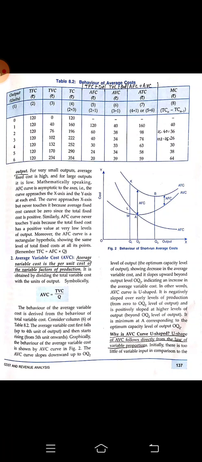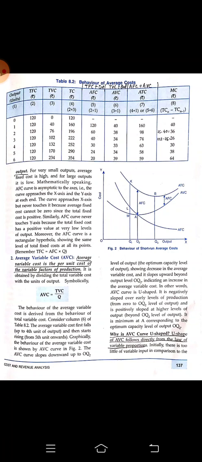Now we will understand it better with the help of this table 8.2. You can see the behavior of average cost. The first column is about the output. Gradually the output is increasing from 0 to 6. The next column, number 2, is total fixed cost.